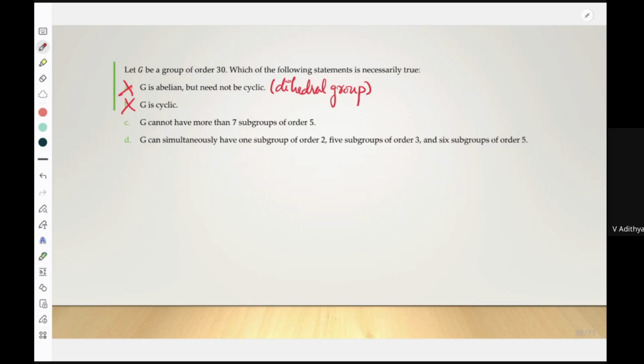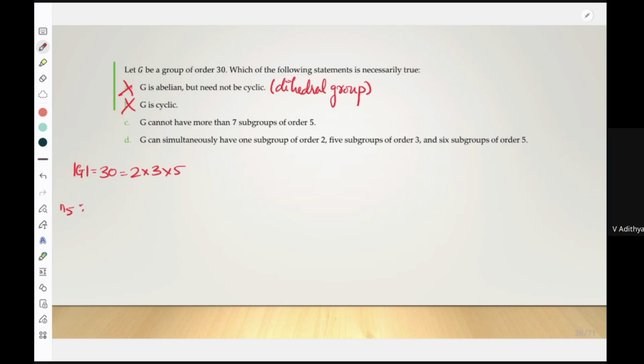So we just have to look in between C and D. So what does C say? It's asking about groups of order 5. So the order of G is 30, which is basically 2 times 3 times 5. Now N5 is the number of Sylow 5-subgroups.